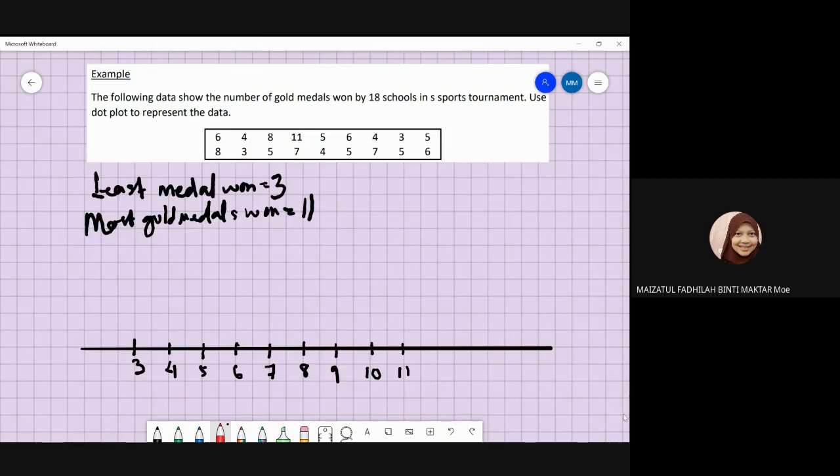The first number is 3. Please check the data given, how many 3s are there? 1, 2. So there are two data with 3. You just plot on the column of 3 and make a dot like this.